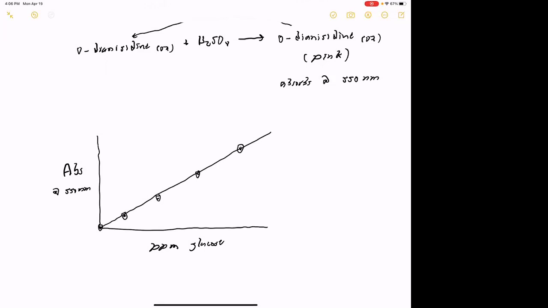Okay? Now, at that point, you're going to do the normal thing. You're going to have your unknown that's assigned to you, but you're also going to have your unknown glucose. You're going to measure an absorbance, right? And then from the absorbance of your unknown, you're going to use the equation for the best fit line to get back to the parts per million glucose, and then recognize, of course, that you did some sort of dilution to get there.